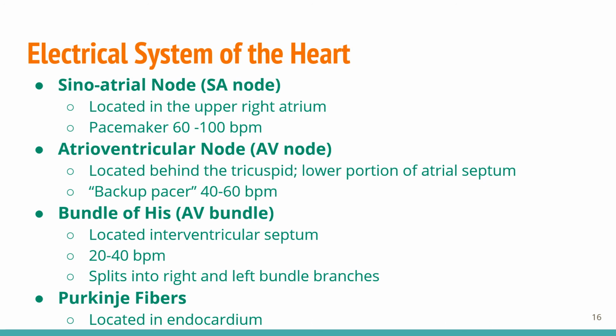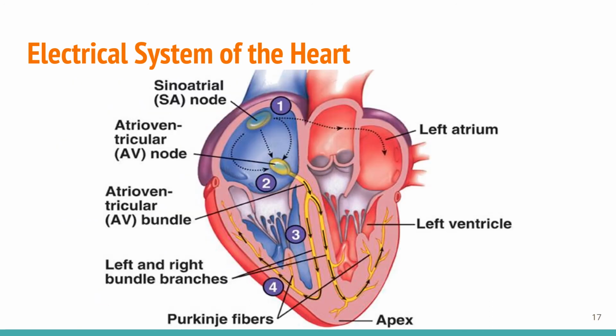After you split into the left and right bundle branches in the ventricles, the electrical system continues on to the Purkinje fibers, which are located in the endocardium of the tissue of the heart itself. Here's a little bit more of a visual.